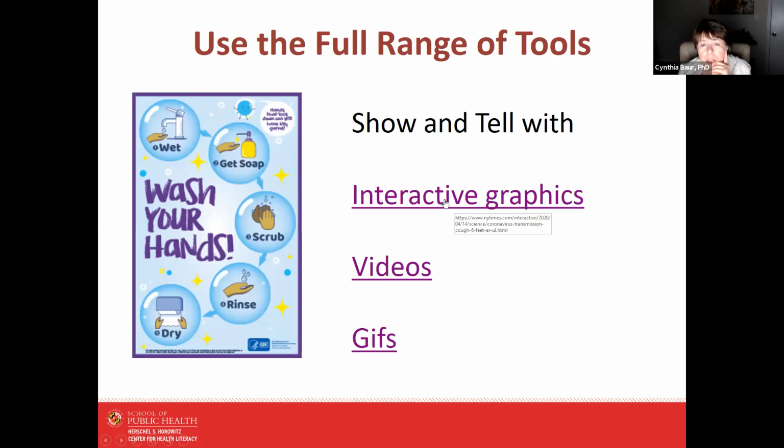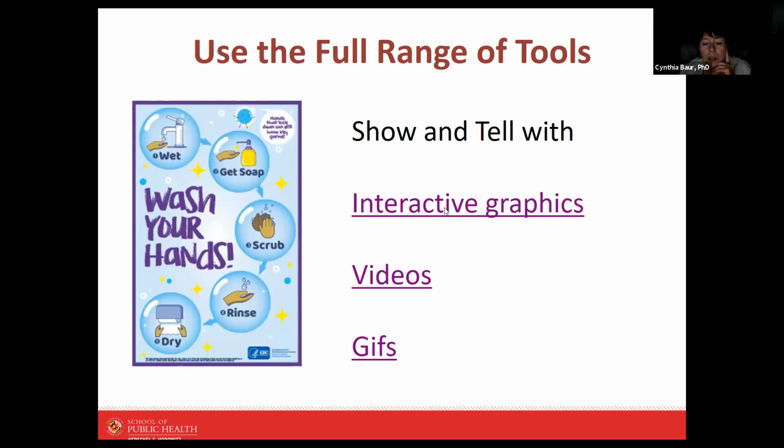The New York Times and the Washington Post in the beginning were using a lot of interactive graphics. So hopefully this will work. This was a 3D simulation that showed up in the New York Times about why social distancing is so important.